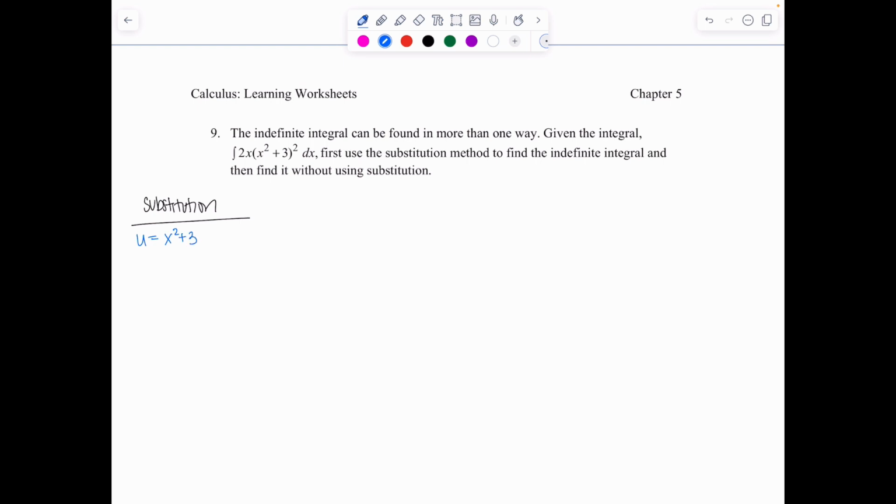That way we have u squared. Du would be 2x. And that takes care of everything. So if we rewrite it, we'll have the integral of u squared du. That will give us u cubed over 3 plus c. And so, since u is x squared plus 3, that's (x squared plus 3) cubed over 3 plus c.